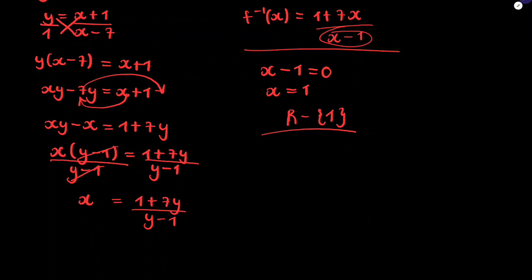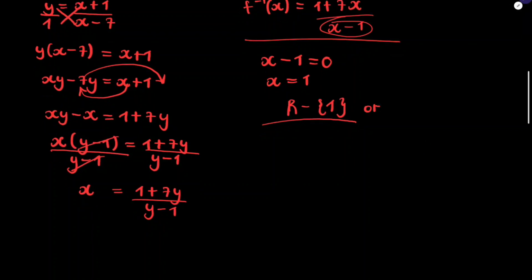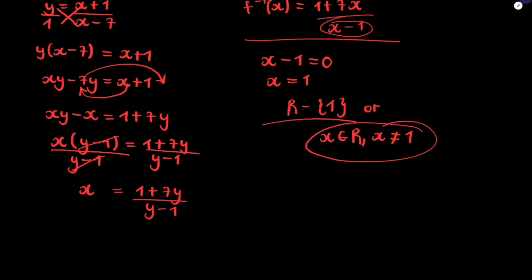So we can write it as range is 1, or we can say x is an element of R and x is not equal to 1. So here we write it in this form. We can write in that form if we like. It depends on what fits us, what is better for us, what will make us easy to understand.